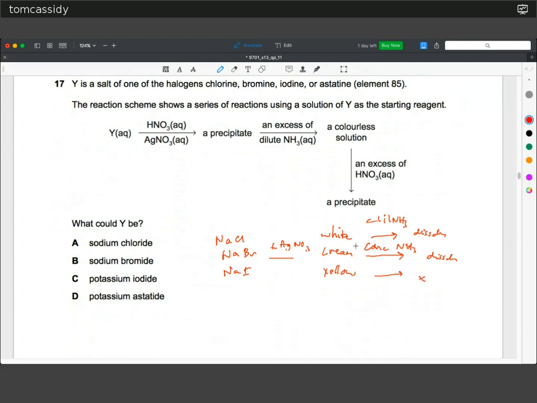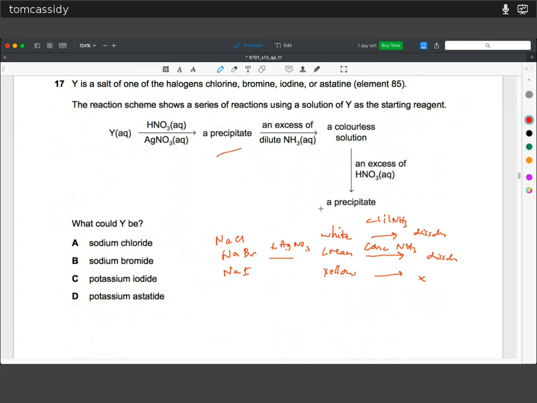So if you couldn't really work out the colors, they're quite close to each other. If you had dilute ammonia, then it must have been a chloride precipitate. If you needed concentrated ammonia, then it must have been a bromide that formed the precipitate. And if the precipitate doesn't dissolve at all, then that must mean that it was an iodide. Now, when you look up here, they all form precipitate.